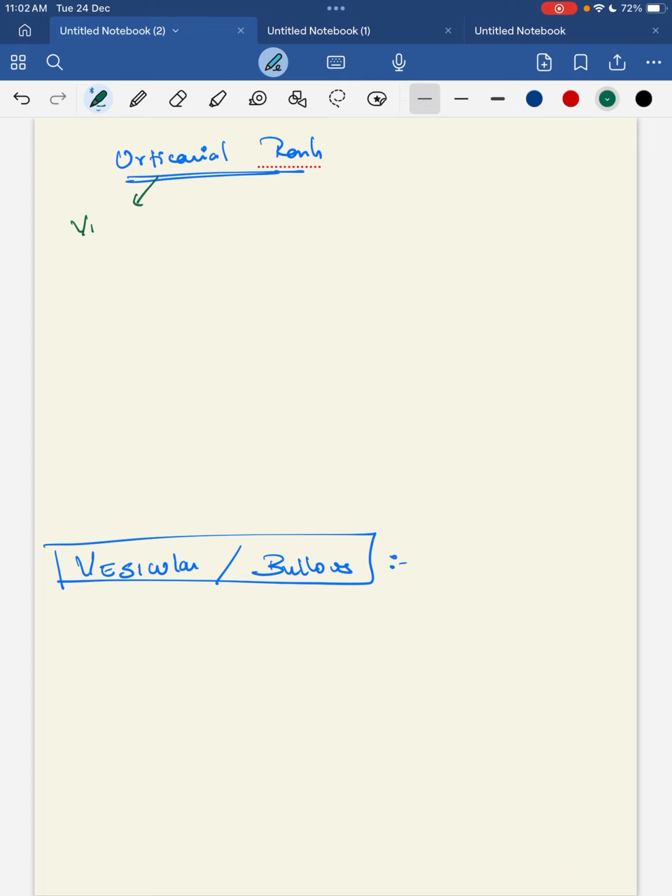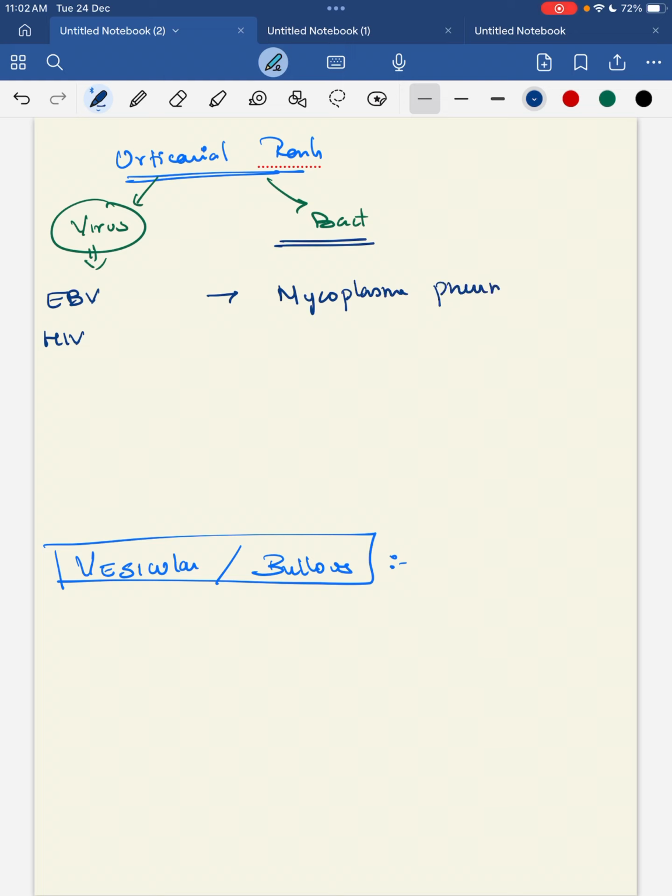Okay. Next, coming to your vesicle and your bullous lesion. So vesicular lesions are a small, less than 0.5 centimeter fluid filled lesion. So vesicular lesions are smaller one, which are less than 0.5 centimeter fluid filled lesion, while bulla are larger than your vesicle, that is around 0.5 to 1 centimeter fluid filled lesions.